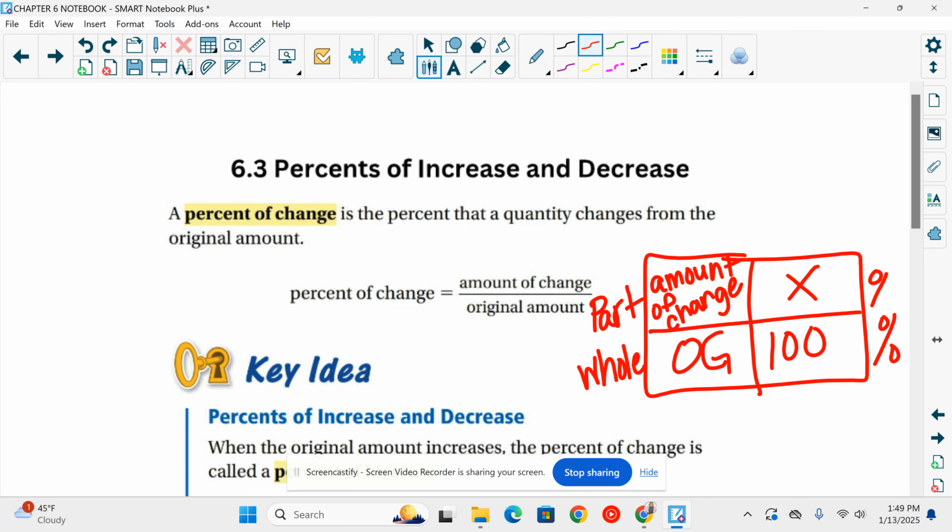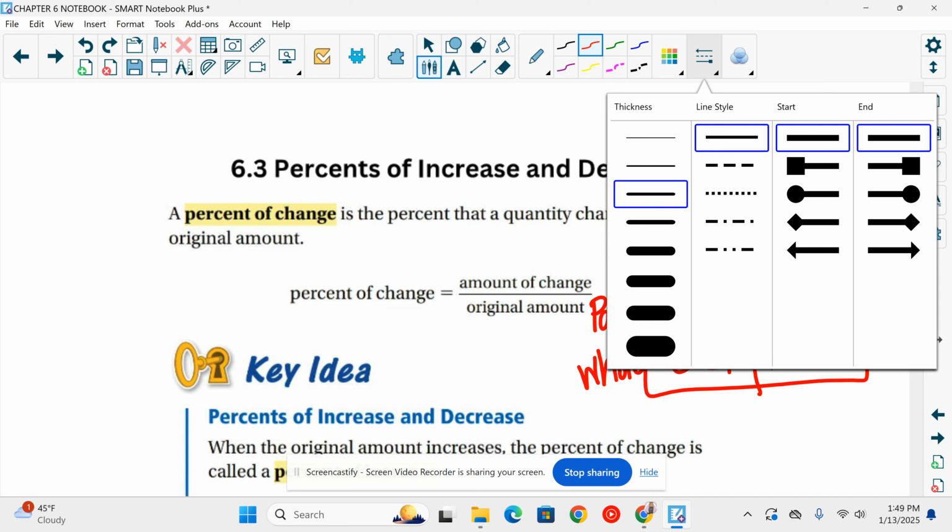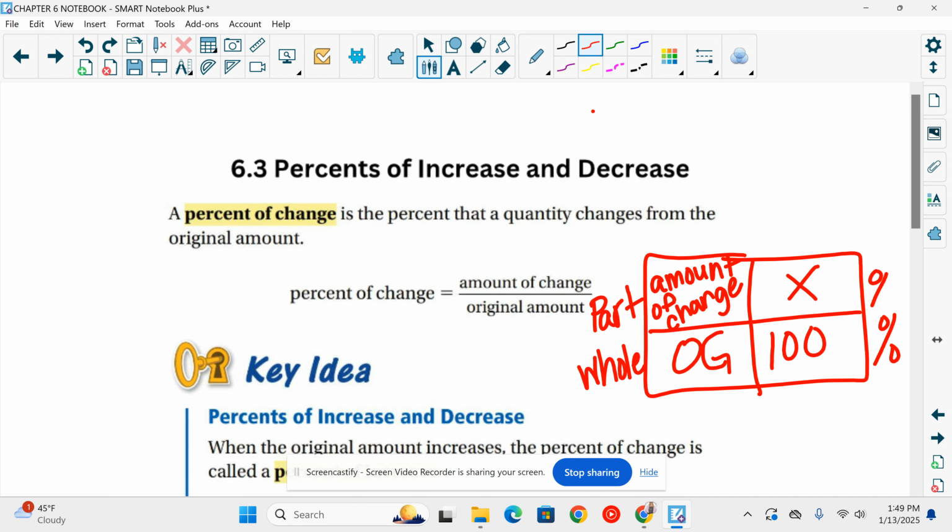So we try and do this in 5 steps. Step 1 is to identify the original amount, or your starting point.